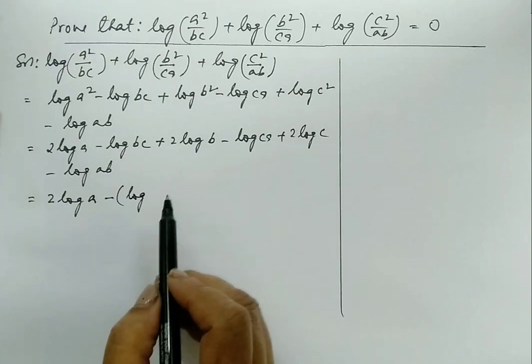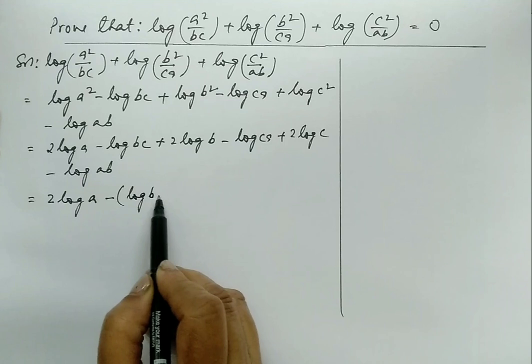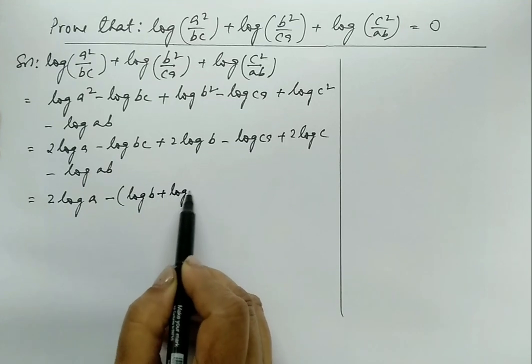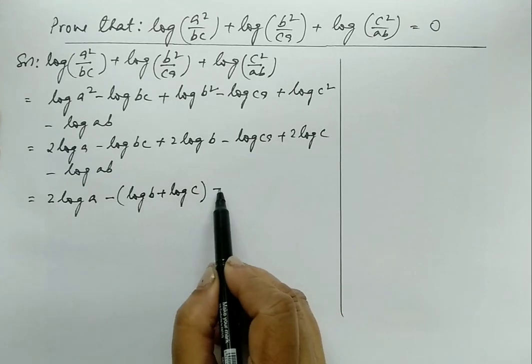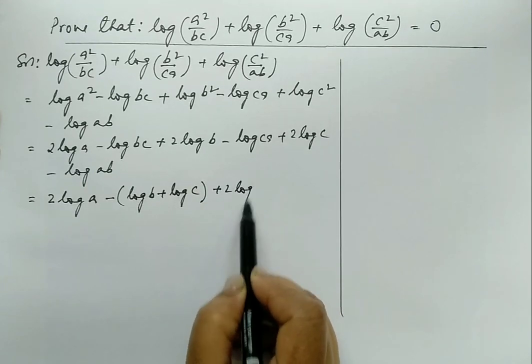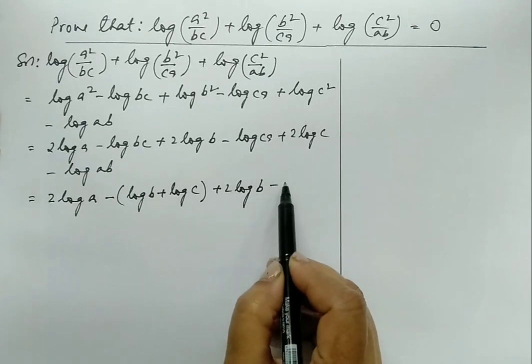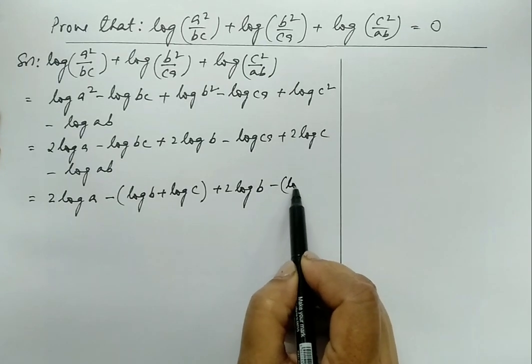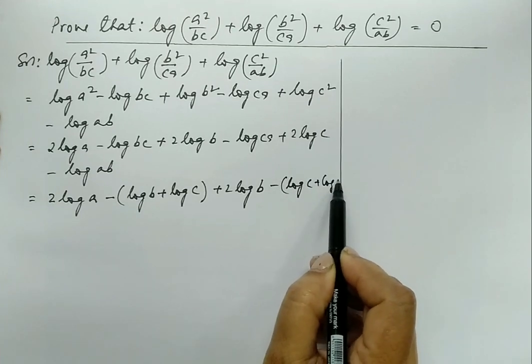Log b plus log c. This one is to be copied the way it is. This one once again in bracket, log c plus log a.